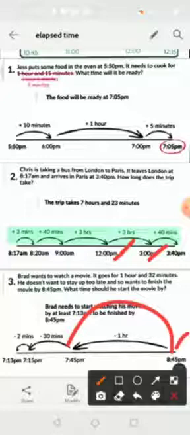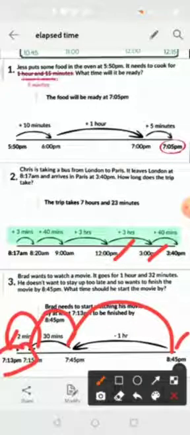Now from 7:45, 30 minutes back, the time would be 7:15. Now we will subtract 2 more minutes and we reach 7:13. It means Brad needs to start the movie at 7:13 so that he can finish the movie in 1 hour 32 minutes.